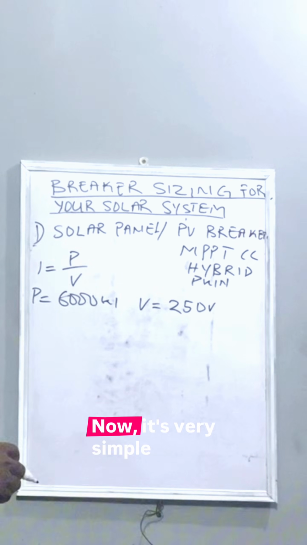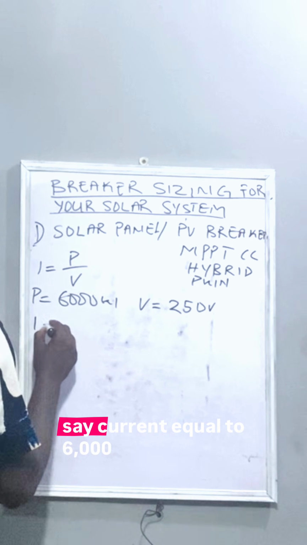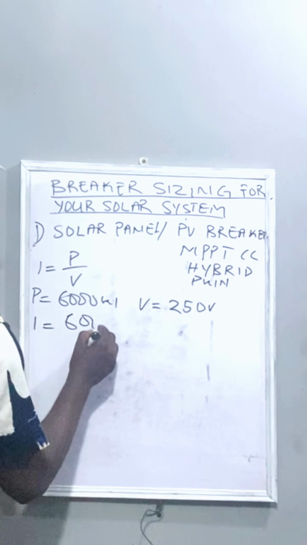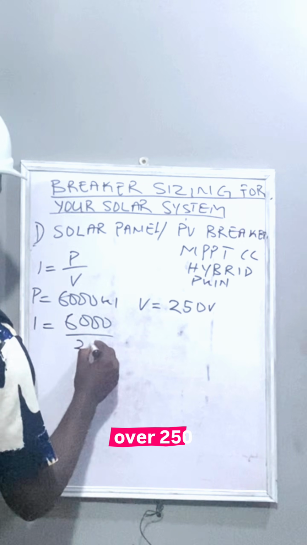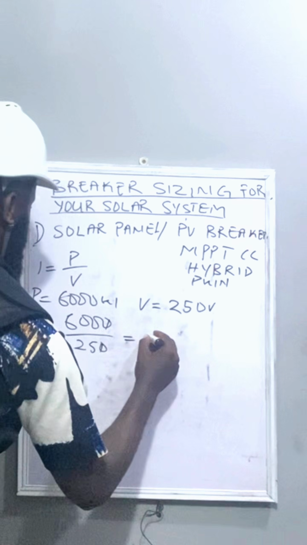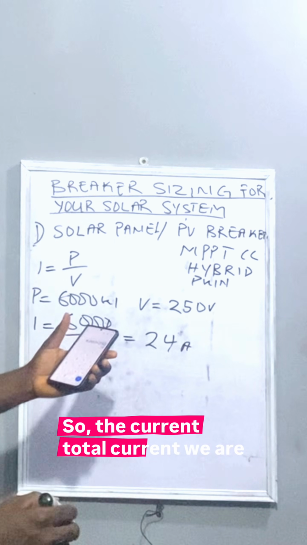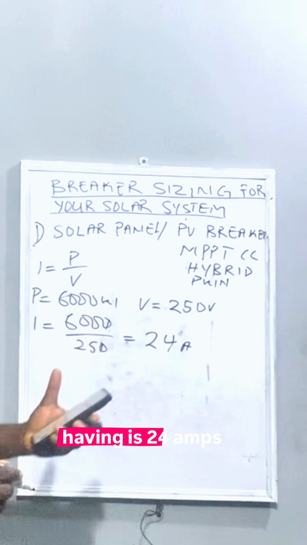Now it's very simple. What you have to do is say current equals 6,000 over 250 volts. So here we have 24 amps. The total current we are having is 24 amps.